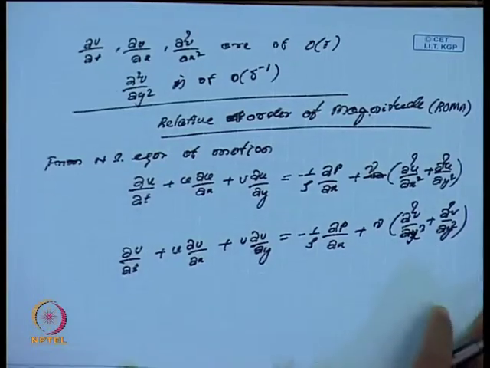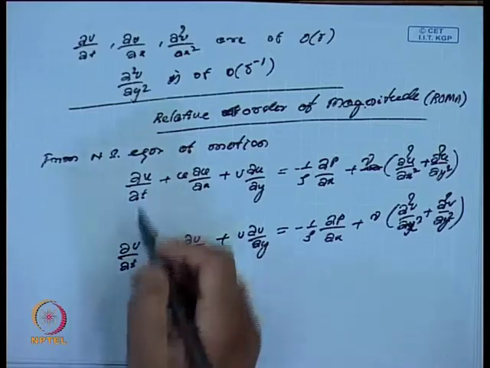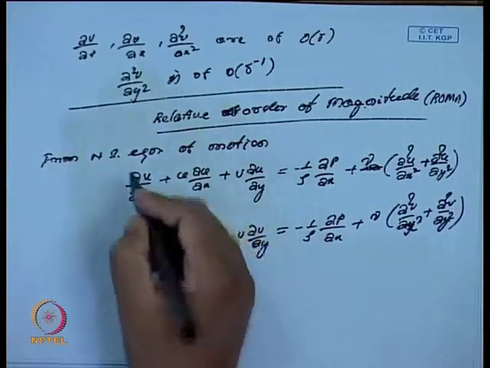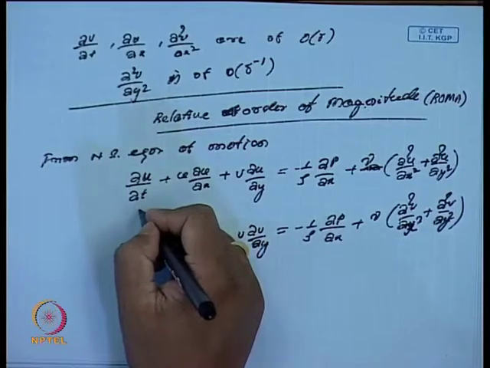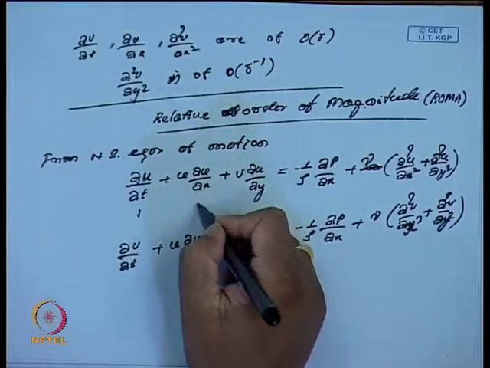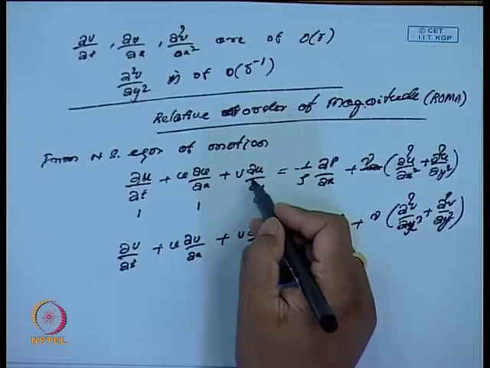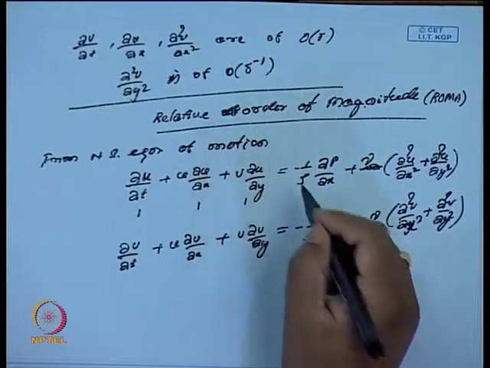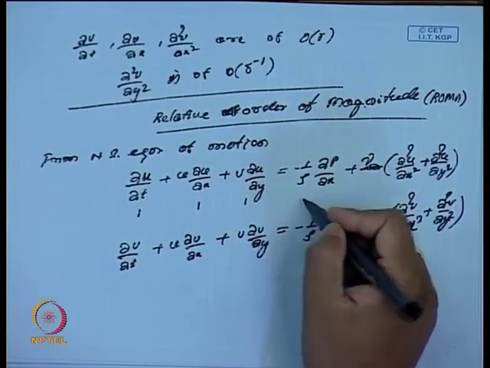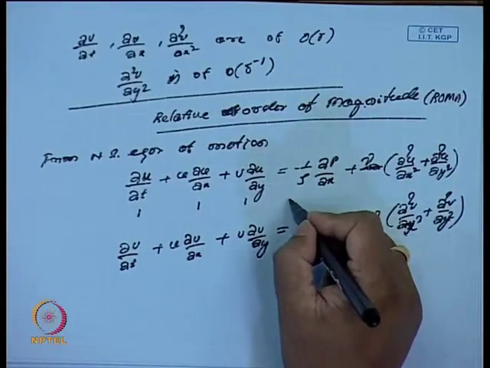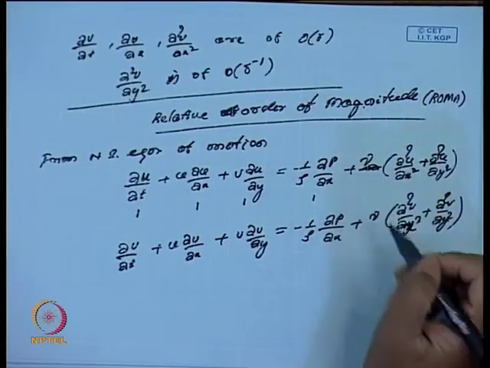Okay. So, now let us look at the order of each term. u is of order 1, t is of order 1. So, this is of order 1, here also is of order 1. Here, because v is there, y is there, it is again of order 1, this is of order delta, this is of order 1, this is delta, and again I assume that this is of order delta, and then nu.